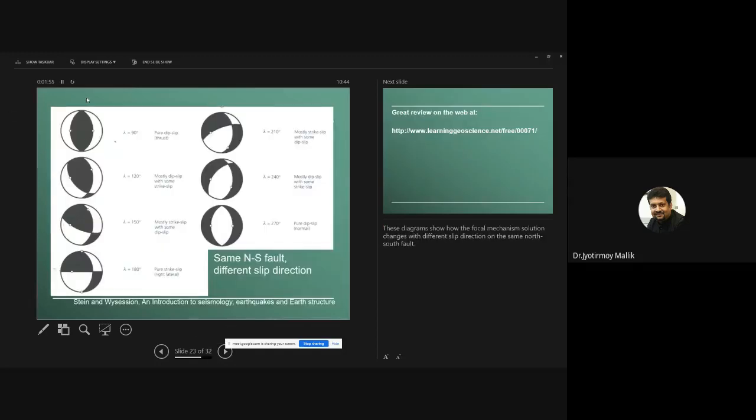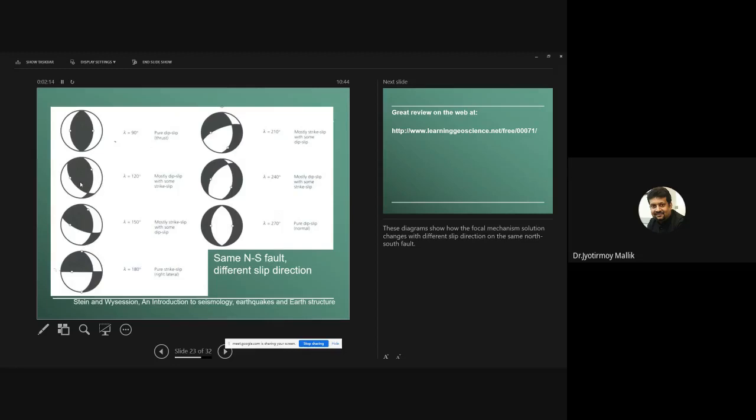Now here they are pretty clear. These are all thrust faults. Actually, you can see pure dip slip fault thrusting, and this is pure dip slip fault normal. And they are all oblique slip.